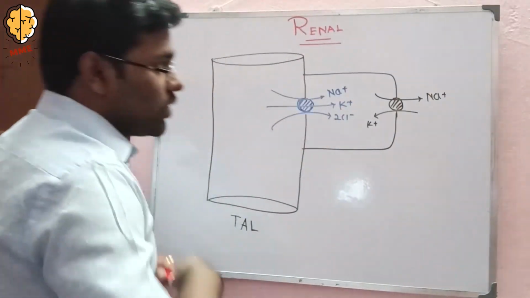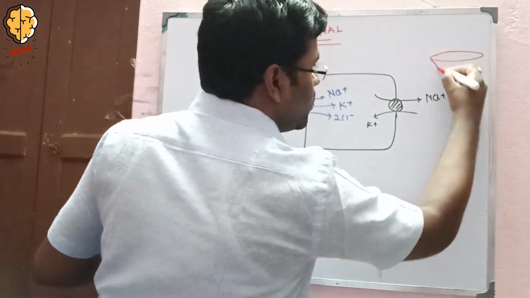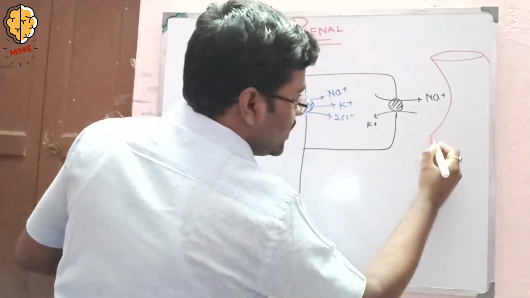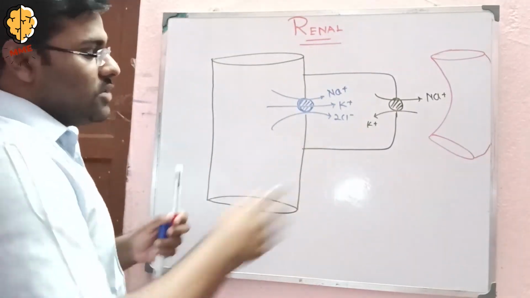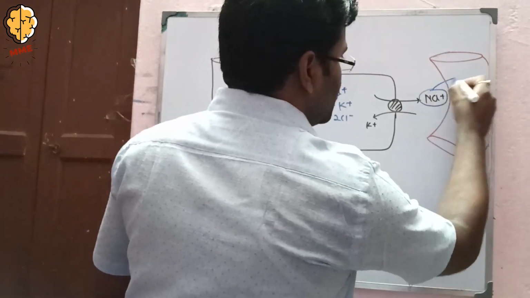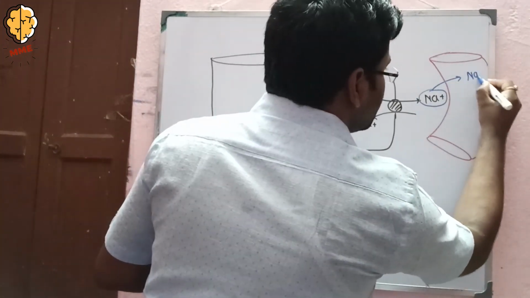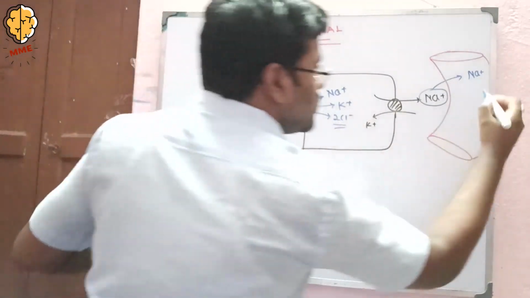Please notice which ion is present in the blood vessels and which in the urine. It will help you a lot. The sodium goes into the blood vessels, the chloride goes into the blood vessels.